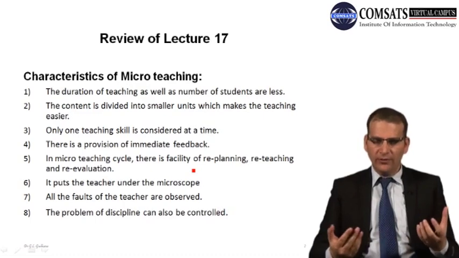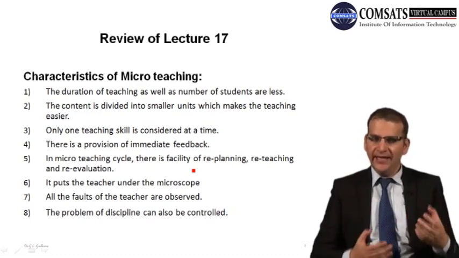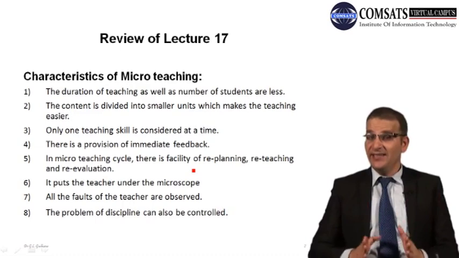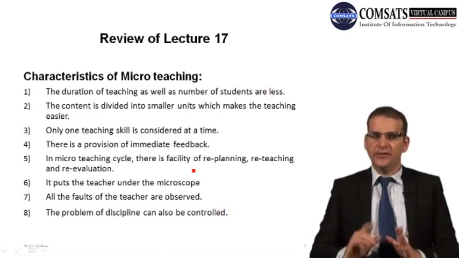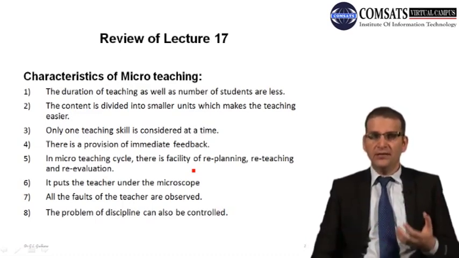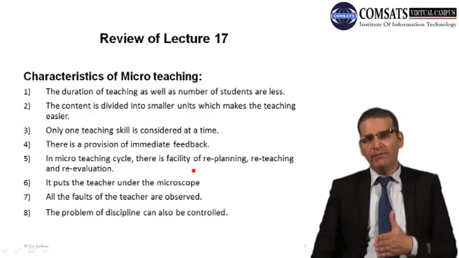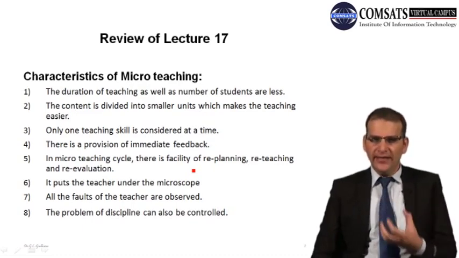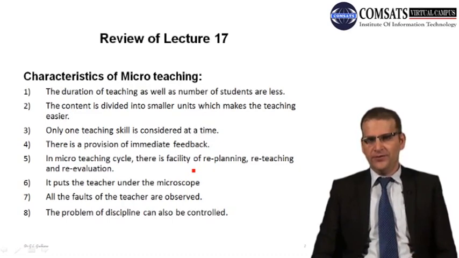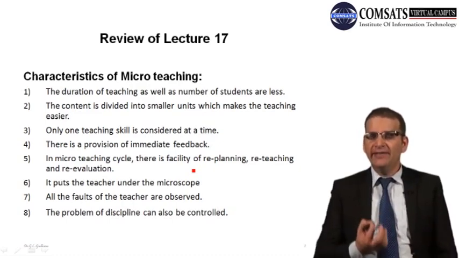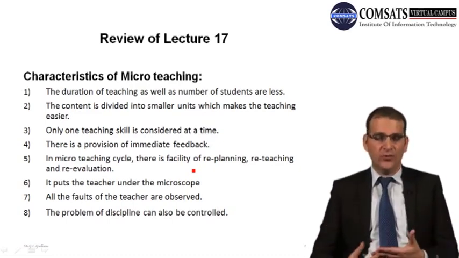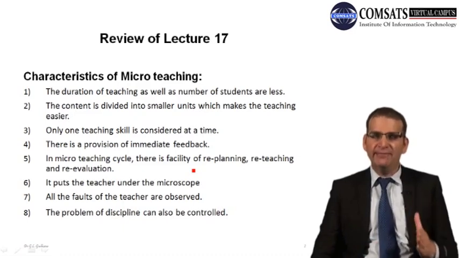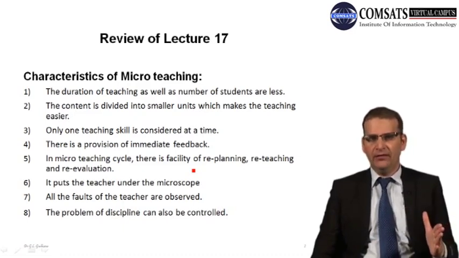So we talked about these things, right? Again, in micro teaching, we discussed that discipline can be maintained. Very simple: why it can be maintained and how. Because we are dealing with a small number of students. We are teaching only 7 to 10 students, so it's quite natural that discipline can easily be maintained here.